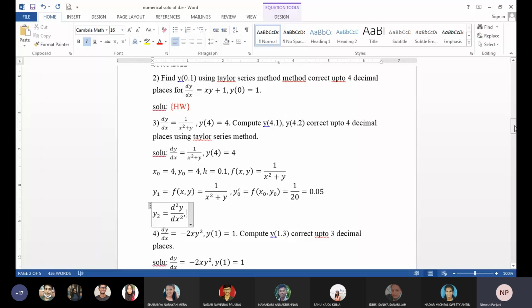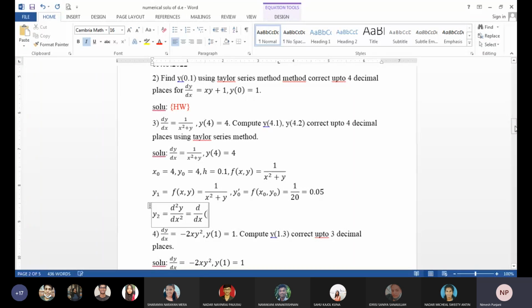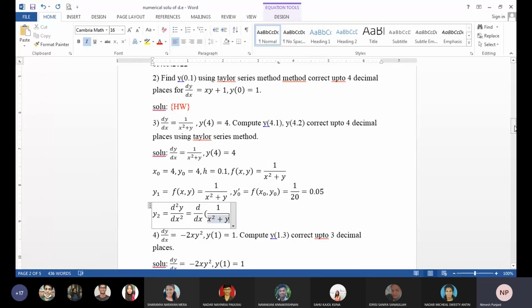It is d by dx of 1 divided by x square plus y. So what will be the derivative of 1 upon x square plus y with respect to x?